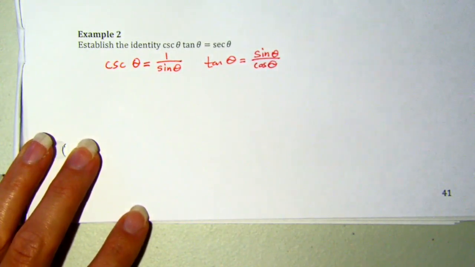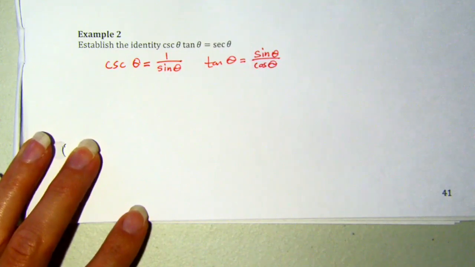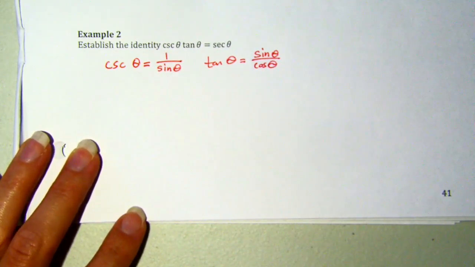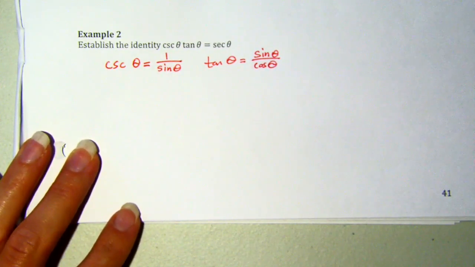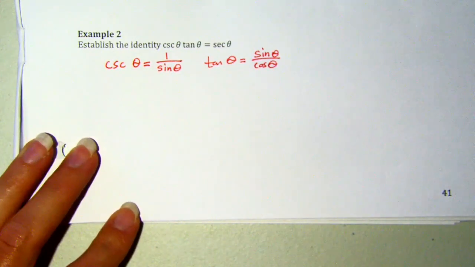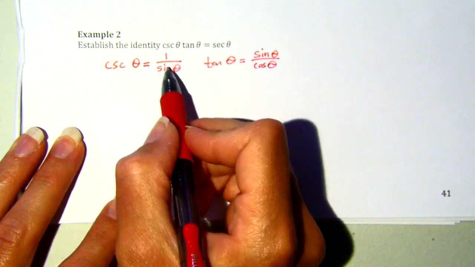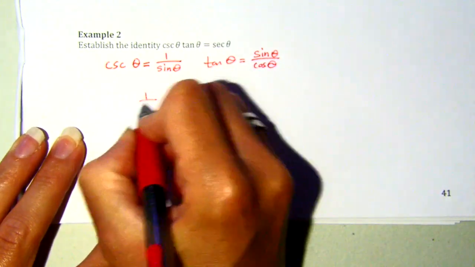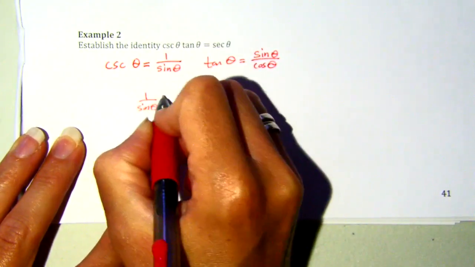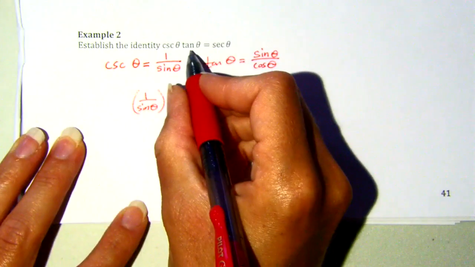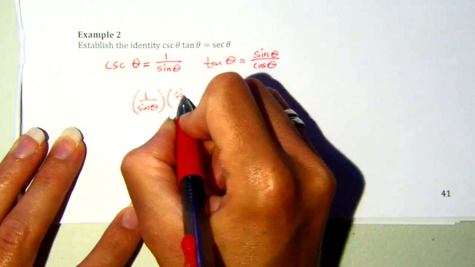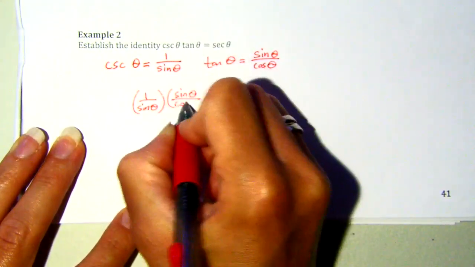Essentially, when you are solving identities, you sometimes just want to replace things that are there with things that are equivalent to them and see what happens. Here we're going to replace cosecant with 1 over sine of theta. And we're going to replace tangent of theta with sine of theta over cosine of theta.